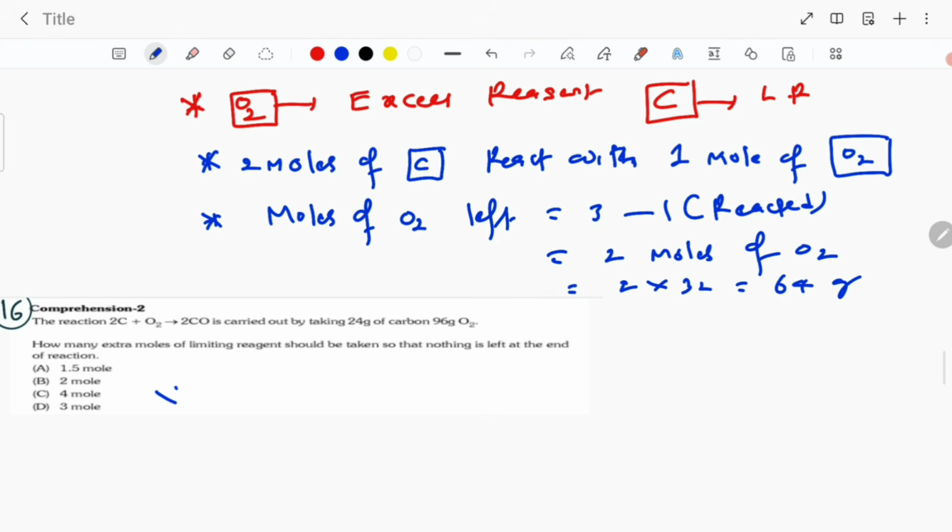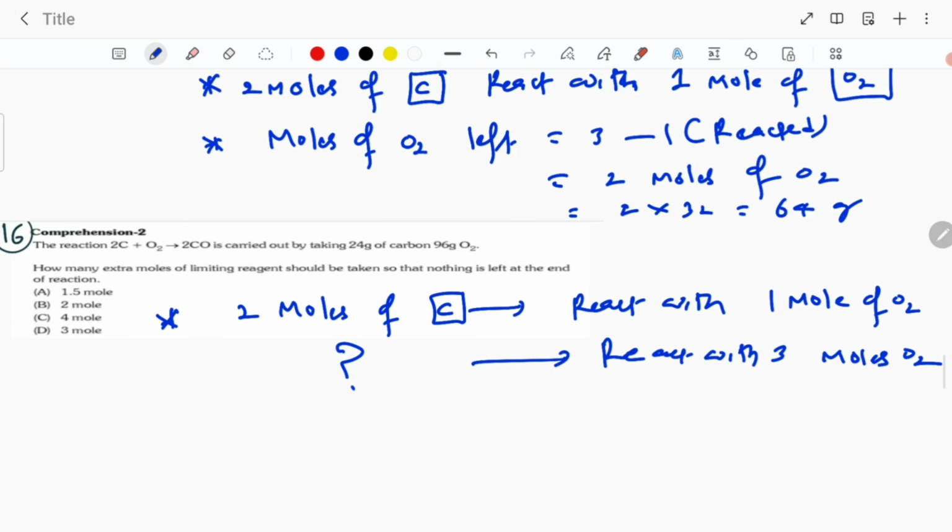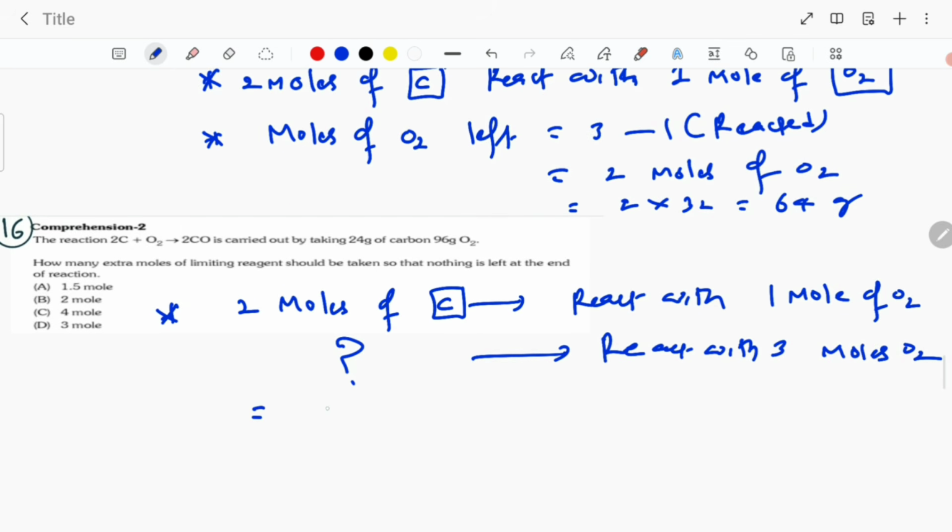According to the given question, 2 moles of carbon can react with 1 mole of O2. But in the beginning we took 3 moles of O2 because that is given. So how many moles of carbon do we need in total to react with 3 moles of O2? 2 into 3 by 1, that is 6 moles we need.